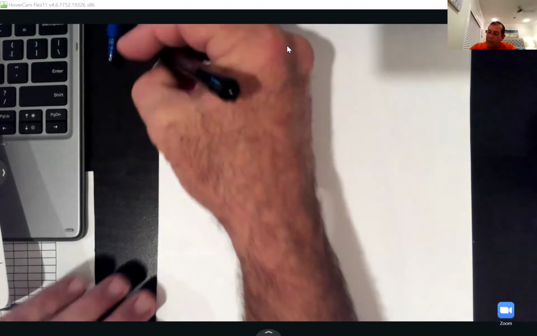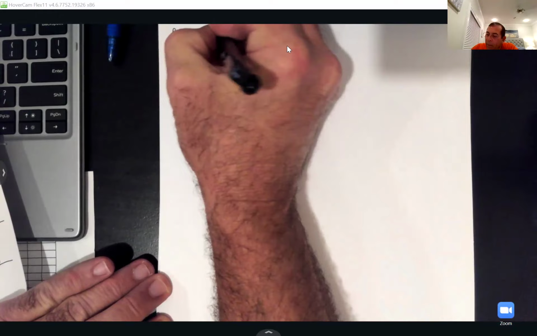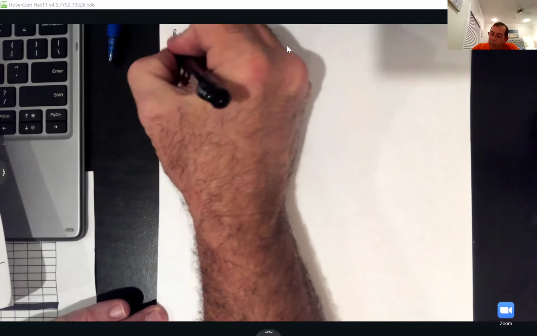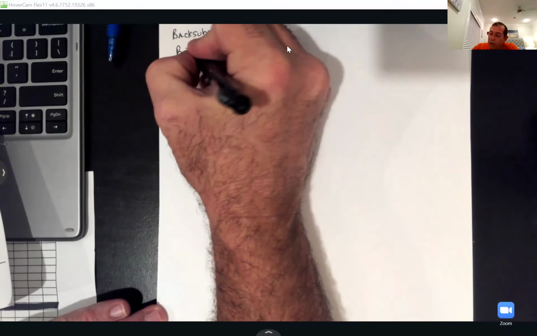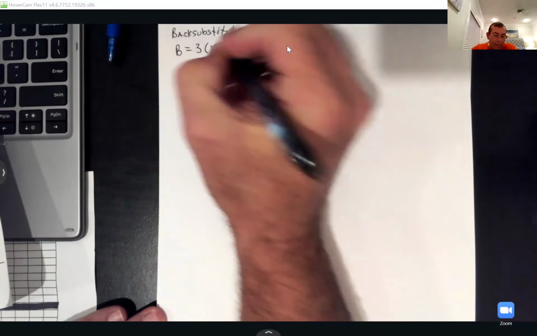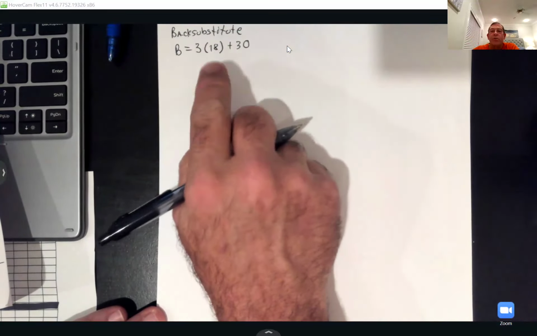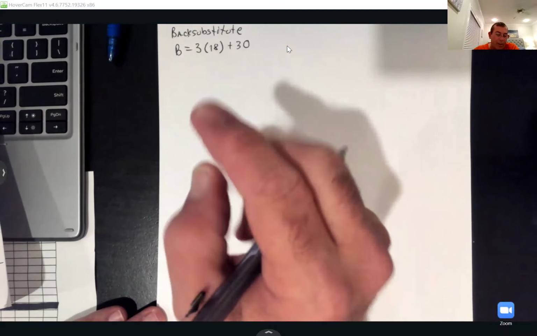All right, so back substituting. I'm going to do B equals 3 times A, which was 18, plus 30. And remember, these are the original two equations that I was using in the beginning.